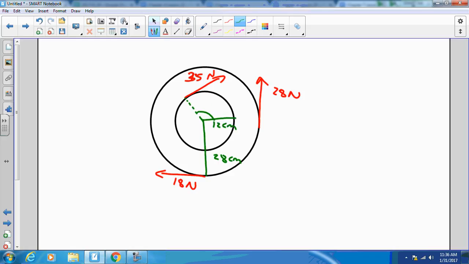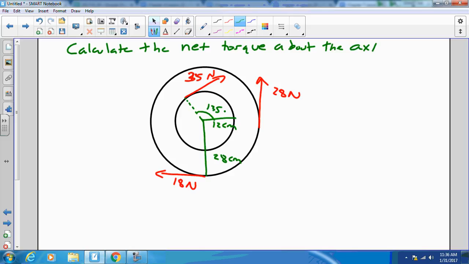And then they give this interesting angle, 135 degrees right here. And they now ask the question, what is the net torque about the axle? And the axle is the center right there.